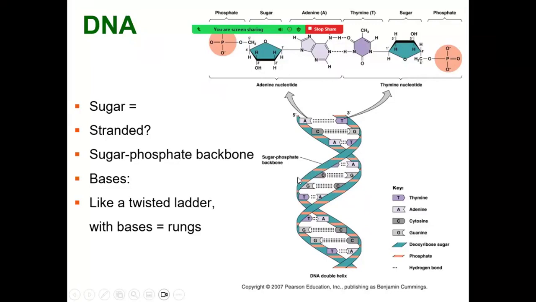So the single strand of DNA is held together by a covalent bond between the sugar and the phosphate. So we call the sugar phosphate the backbone of a single strand of DNA.